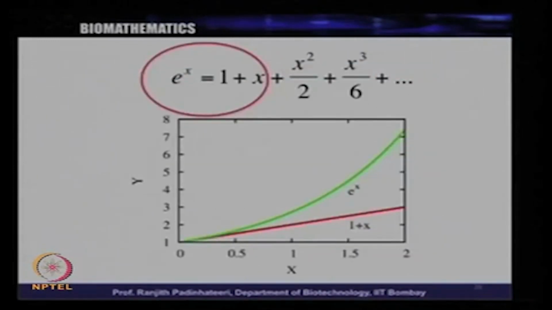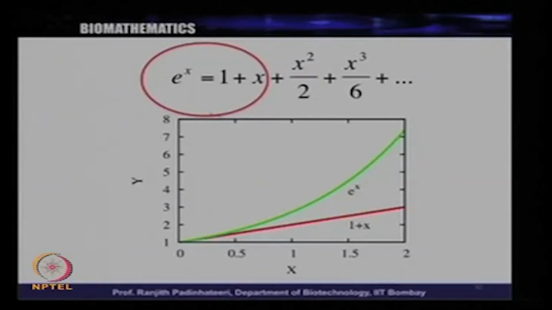What is plotted here is, in the y axis, two curves, green and red. The red is y equal to 1 plus x, the green is y equal to e power x. 1 plus x is a straight line, a linear function, while e power x is not a straight line, it is a curve.